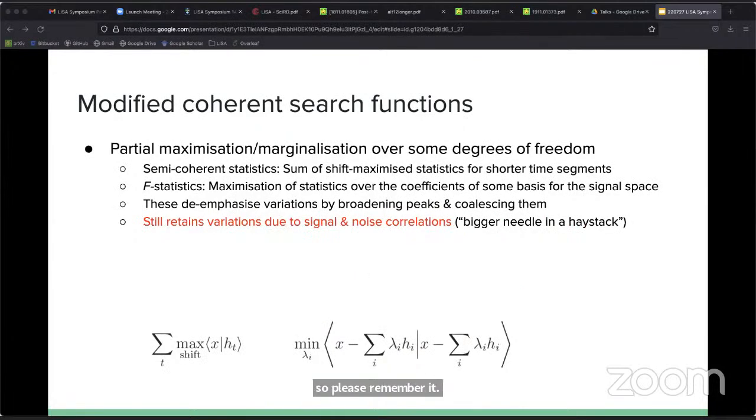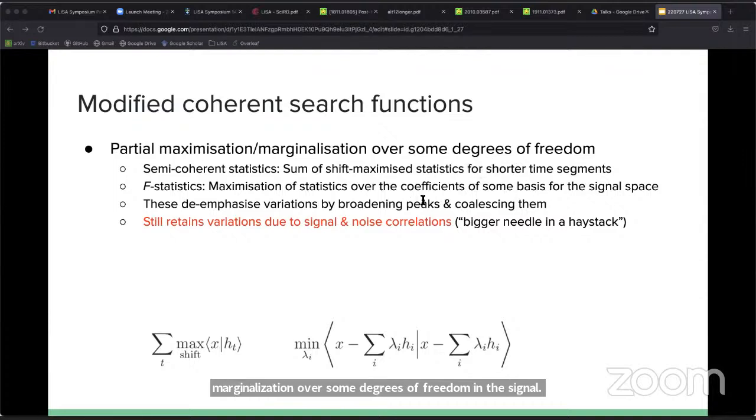Okay, so far we've only been looking at standard coherence statistics such as X or the likelihood L. Now, it's long been recognized that these can be difficult to search. So there are already various modified search functions in the literature that are actually geometrically different from either X or L. These generally fall into two classes. The first of which is the principle of partial maximization or marginalization over some degrees of freedom in the signal.